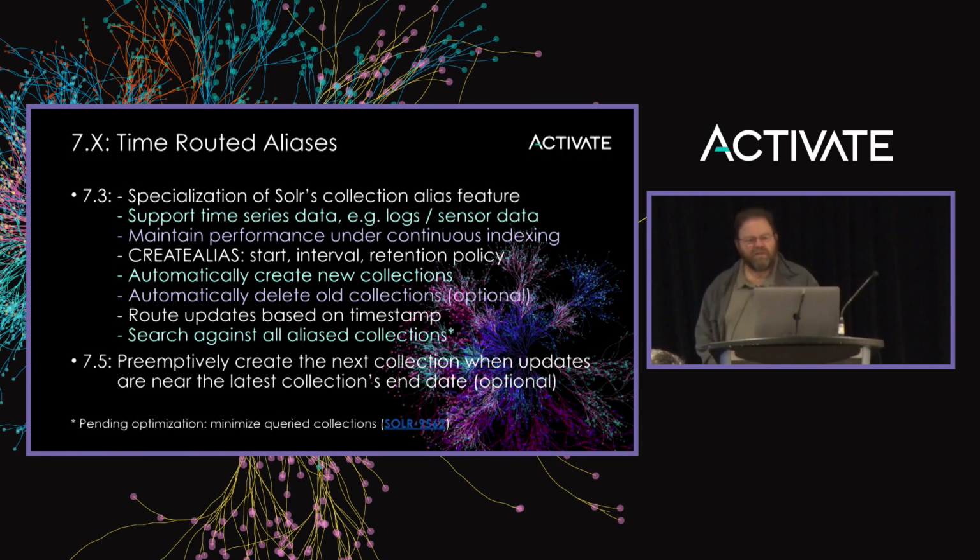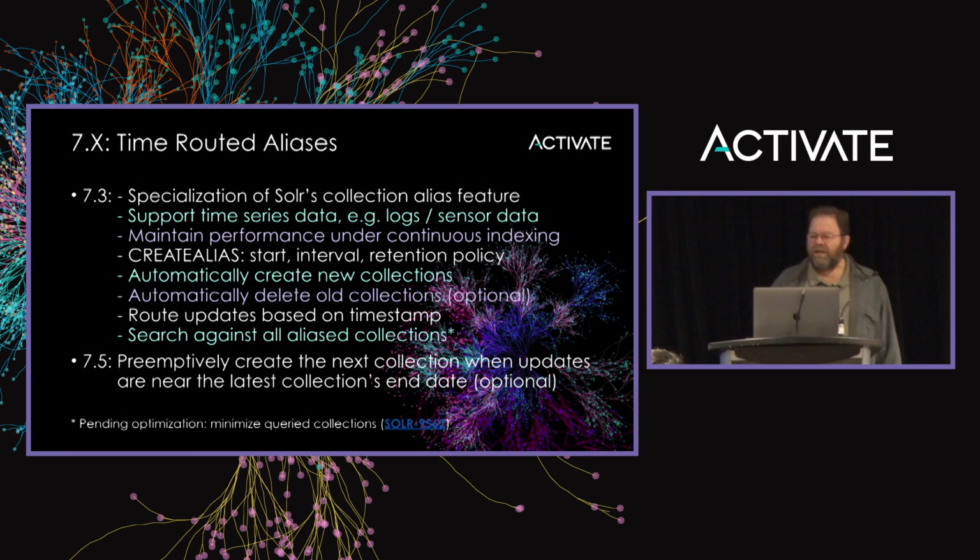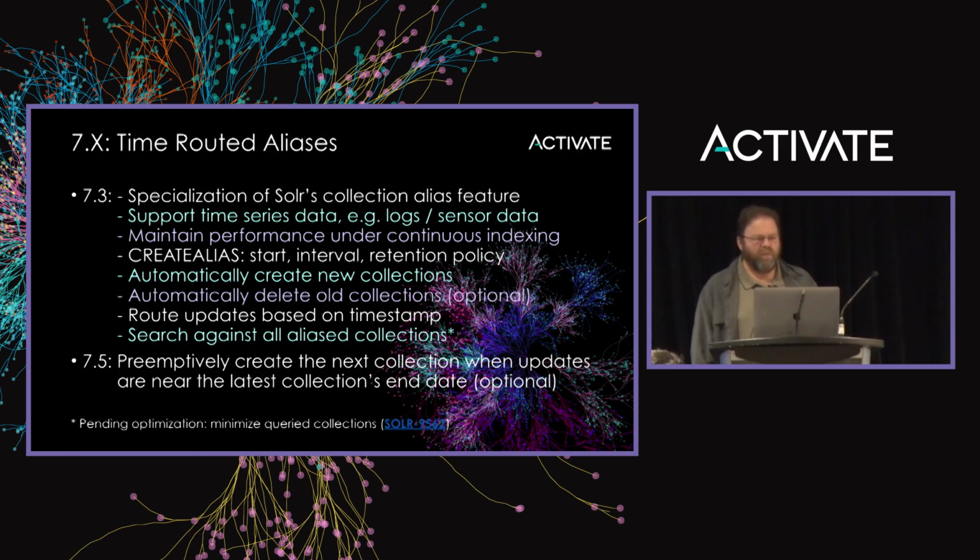Next topic for 7.x is called time-routed aliases. There was a talk earlier at the conference about this topic, so I'm going to describe the feature quickly, but not go into too much detail. This is a specialization of Solr's collection aliases feature, which makes it possible to set up so that you alias to more than one collection at a time.